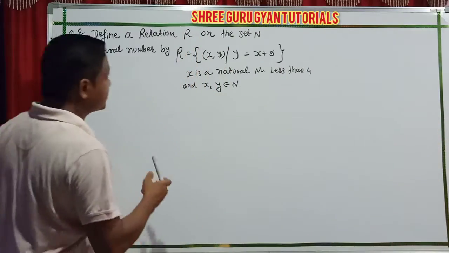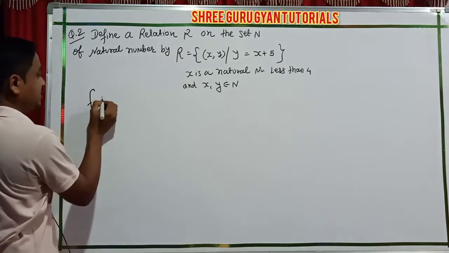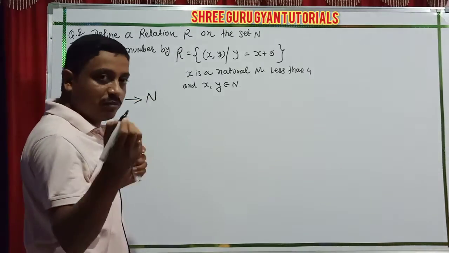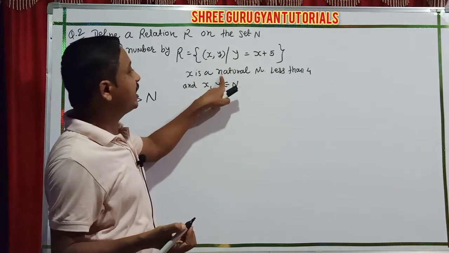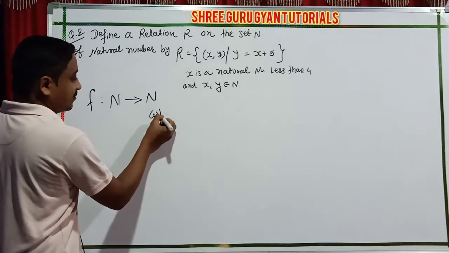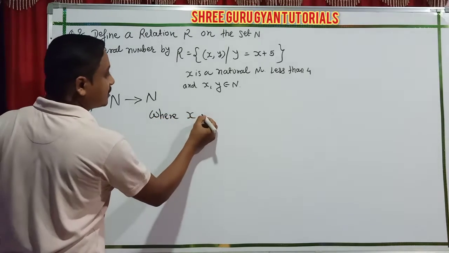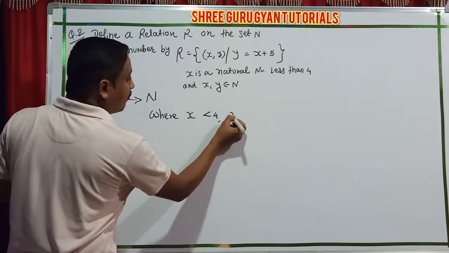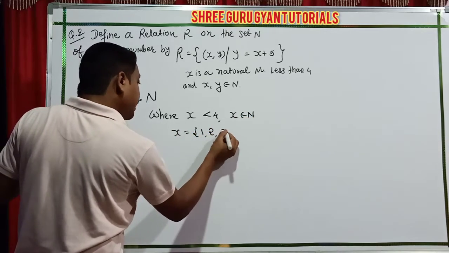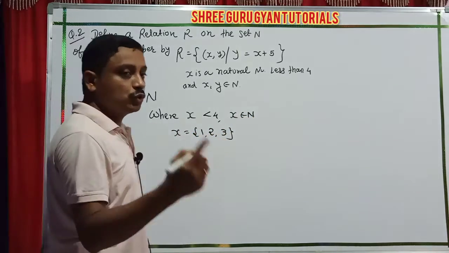So students, I define our function from N to N. Only natural number to natural number, but you take x as what? It is less than 4, where x is less than 4 and belongs to the natural numbers. So which numbers am I taking, students? Only 1, 2, 3.